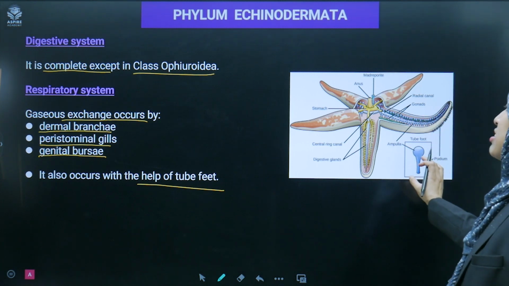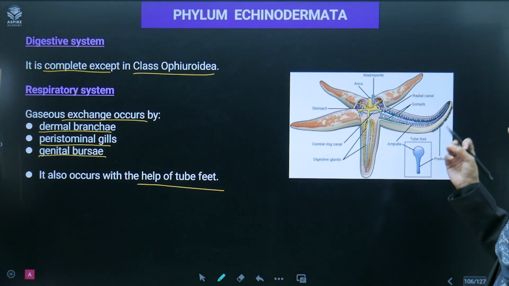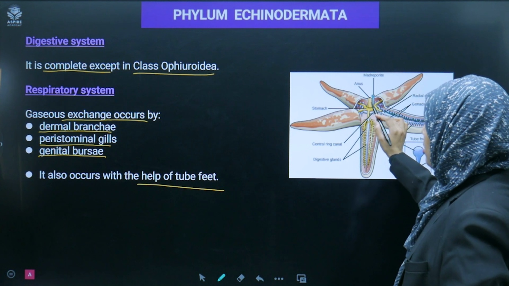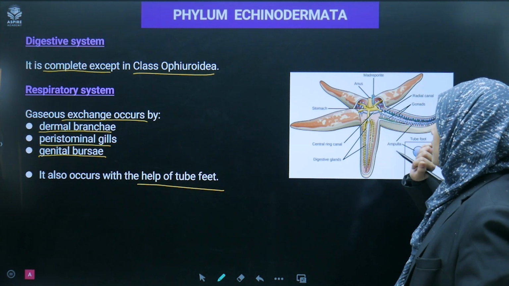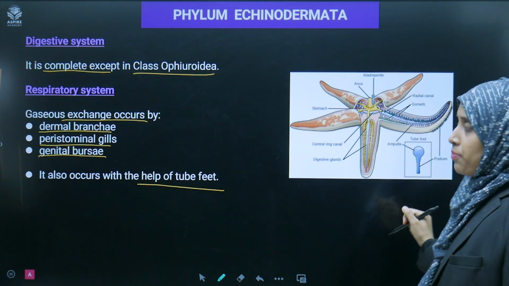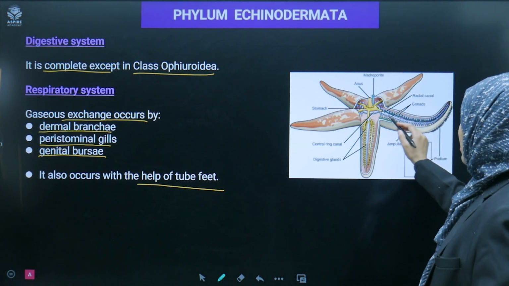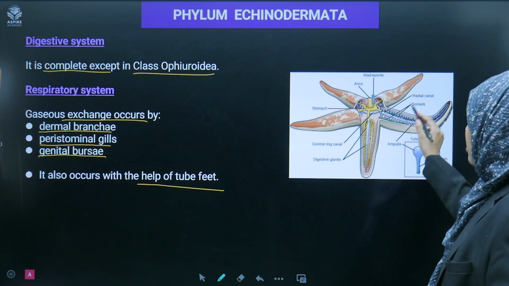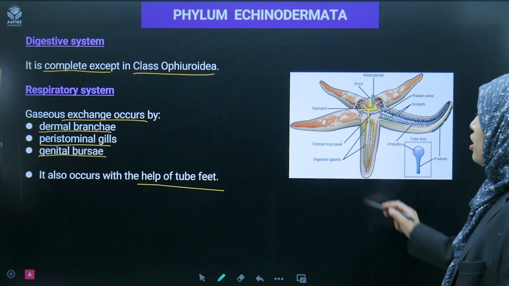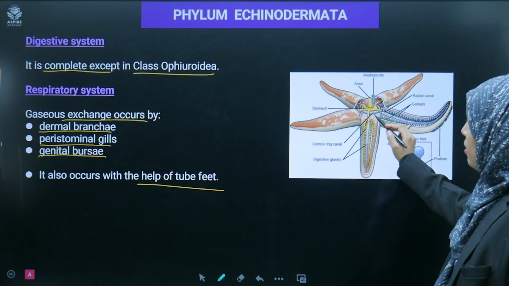So in this diagram we'll see the different structures. You can see here the part labeled as the madreporite, the anus, and the radial canals; these are all canals. Radial canals are present. Then the central ring-like canal, this part.